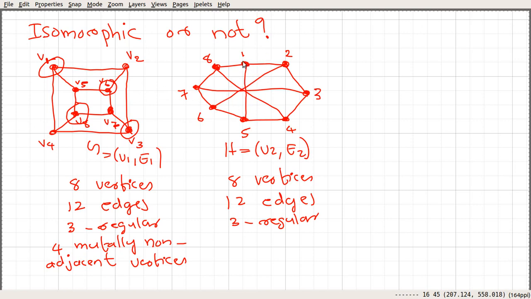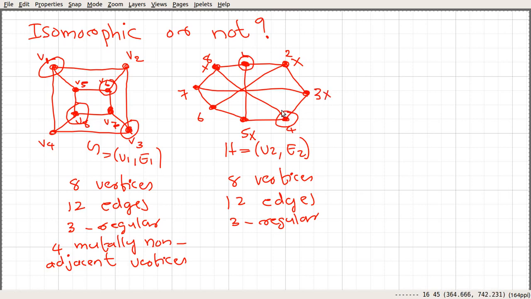So let's start with 1. Then we are not allowed to consider 2, 8 and 5. Let's take 4. We can see that 4 and 1 are not adjacent. If you take 4, then you are not allowed to take 8, 5 and 3.